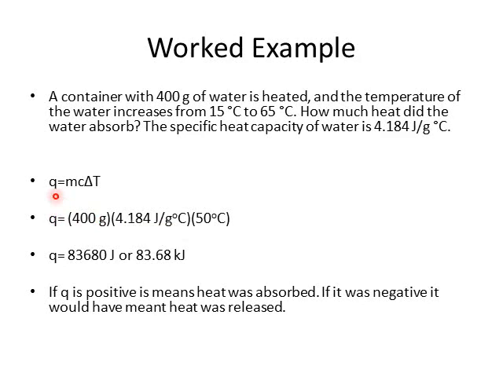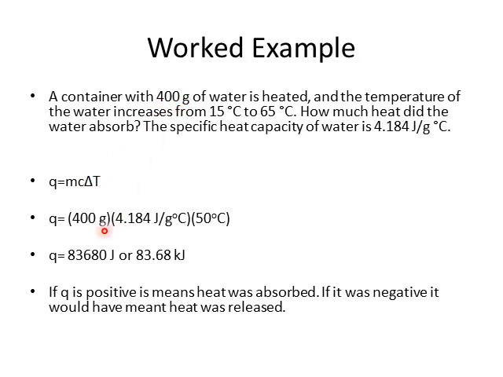My formula is Q is equal to mc delta T. Q, my heat, is equal to the mass times specific heat capacity times my temperature difference. So what is my mass? It's 400 grams.